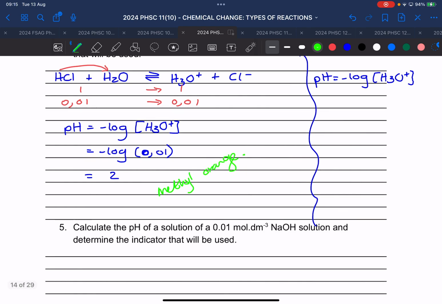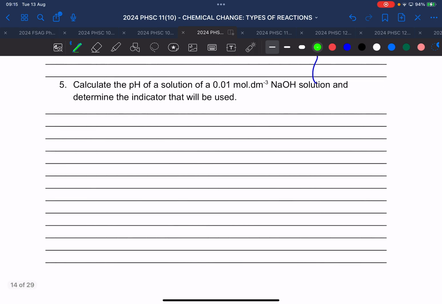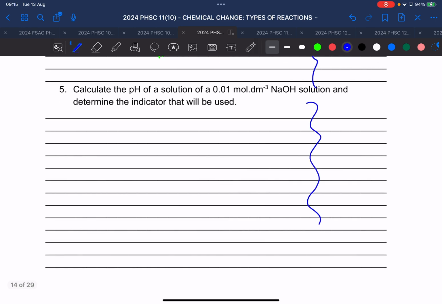It says there, calculate the pH of a solution of 0.01 mole per decimeter cube sodium hydroxide solution and determine the indicator that will be used. Okay? Going. So, again, my planning. I must get the pH, negative log of the concentration of the hydronium ion.